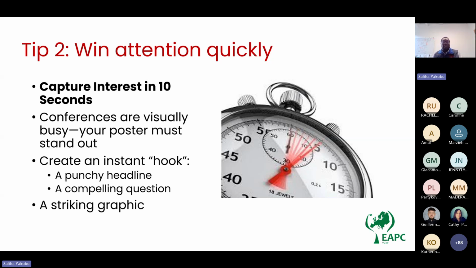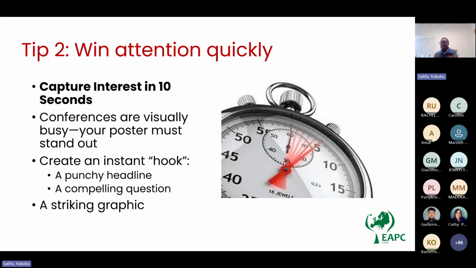The implication is that you need to present a poster with a quick hook to grab the attention of people.